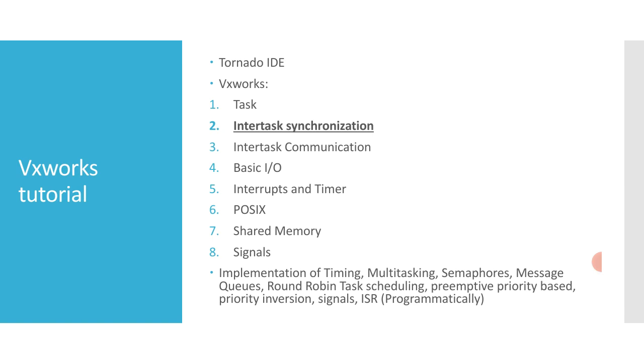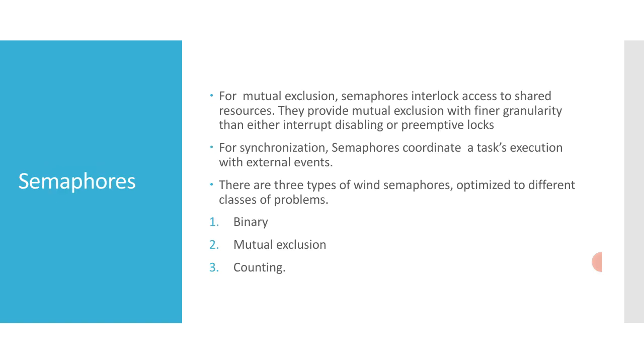So, one of the major intertask synchronization mechanisms is semaphores. VxWorks semaphores are highly optimized and provide the fastest intertask synchronization mechanism in VxWorks. Semaphores are the primary means for addressing the requirement of both mutual exclusion and task synchronization.